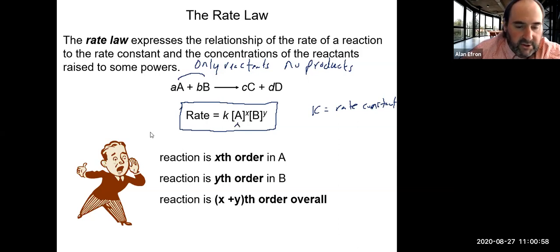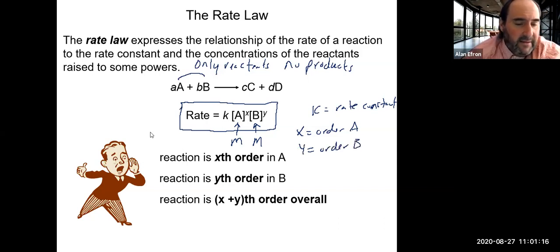A is the concentration of A in molarity usually. B is the concentration of B in molarity. x is what is referred to, as you can see there, the order with respect to A, and y is what is known as the order with respect to B. You can kind of think of the orders as sort of the proportion that's needed for this reaction to maintain a specific rate.